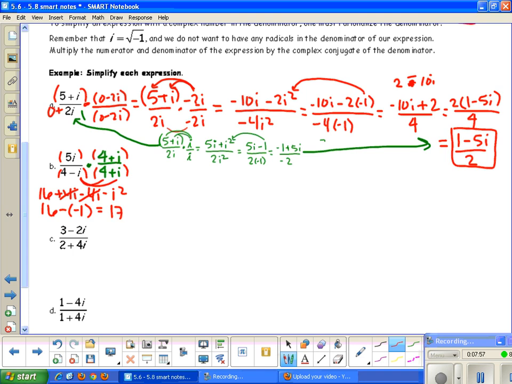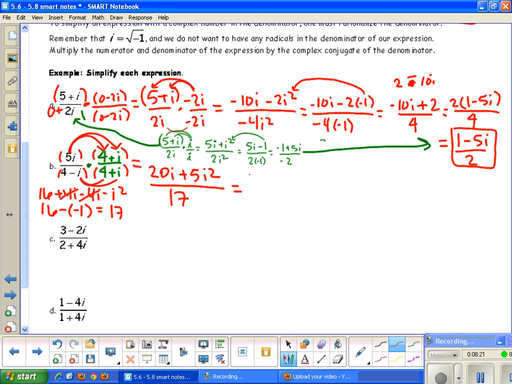Now I need to do my numerator. We need to multiply each of these terms by the 5i. So when I do that, I would get 5i times 4 is 20i. 5i times i would be plus 5i squared, and this is all over your denominator, which we said was 17. So now I need to simplify this.